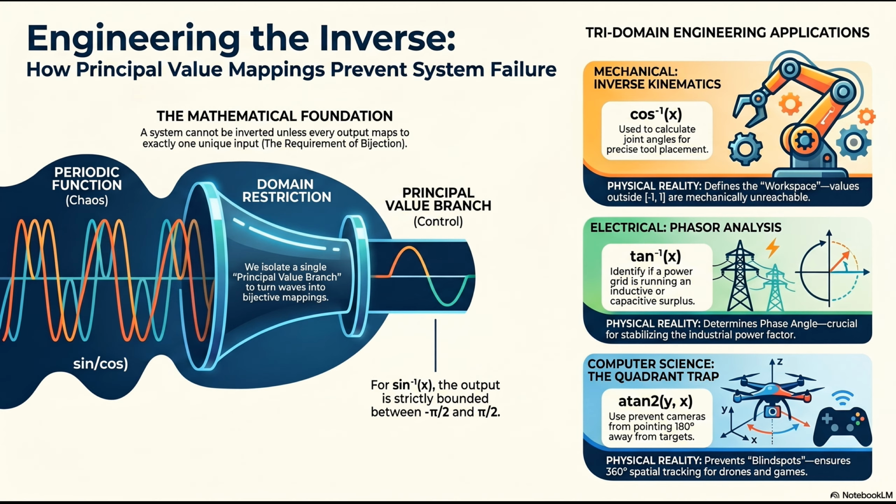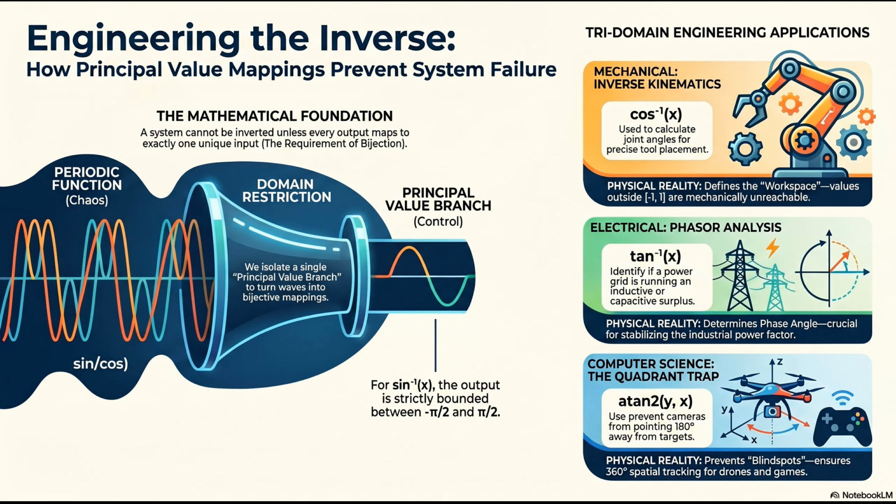To invert a function, meaning to feed it an output and have it tell you the original input, it must be what mathematicians call a bijection. Okay, I'm going to need a translation for bijection because my high school calculus is a little rusty. Fair enough. Think of it as a perfect one-to-one mapping. Every single input has one unique output, and every output connects back to one and only one unique input. Okay. So you can walk perfectly in both directions without ever getting lost.